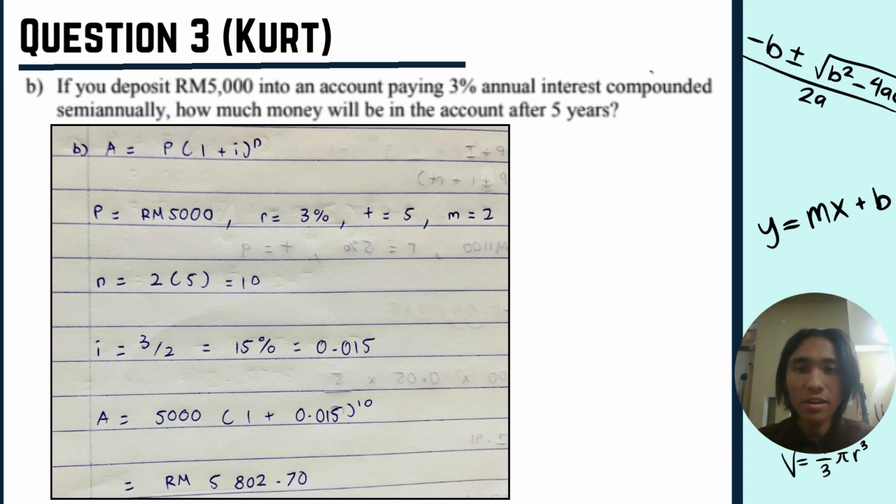And to get i, 3 divided by 2 gives 1.5%, which I convert to 0.015. Then I put P, i and n in the formula, and the answer is 5,802.70 ringgit.